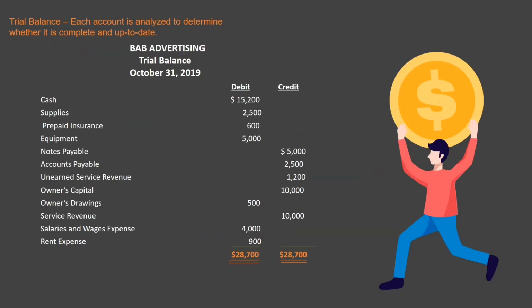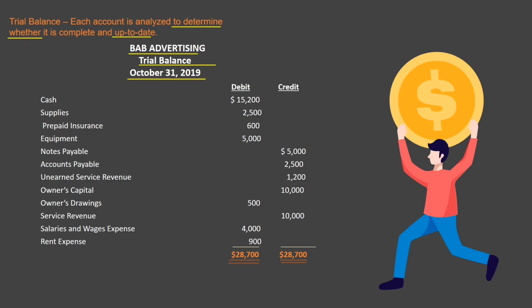Now this is the adjusted trial balance. Each amount is analyzed to determine whether it is complete and up to date. This is the trial balance of BAB Advertising Company, with the date provided.